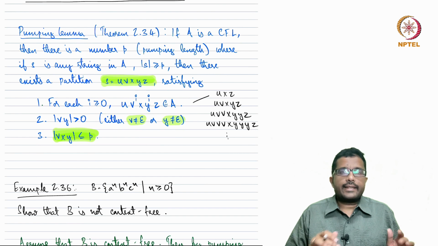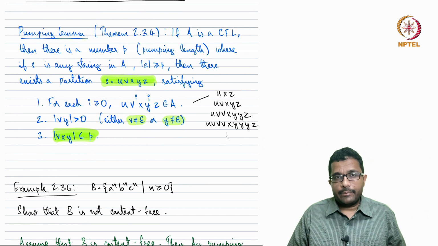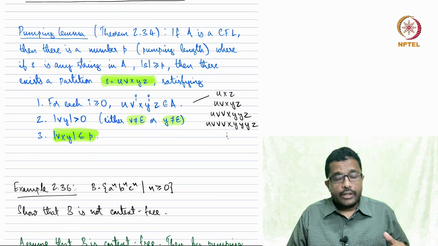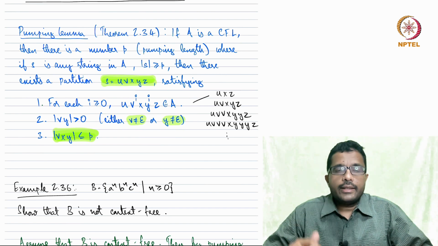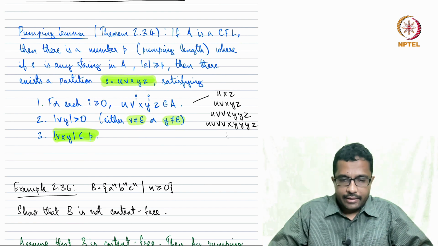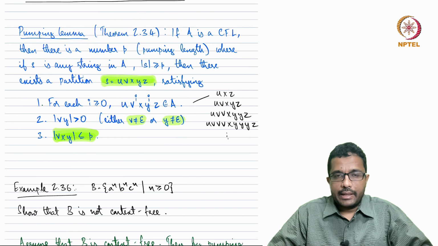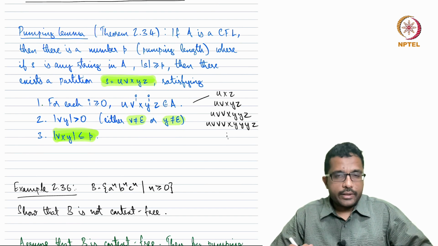So very much like the pumping lemma for regular languages, we cannot use the pumping lemma to show that a language is context free. What we can use it for is to show that a language is not context free. So the way we will do it is we'll assume that the language is context free. Then that will give us some pumping length p, and then we will choose a string.